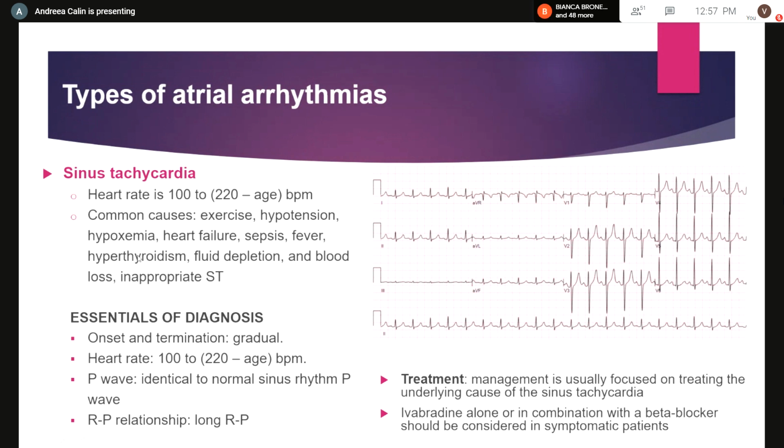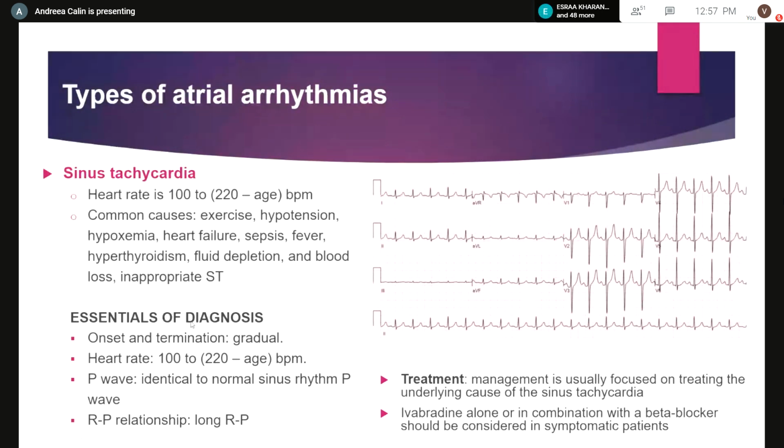And there is also a kind of sinus tachycardia that is considered inappropriate for the subject. When you see a young patient that complains of palpitations and his heart rate at rest is above 100, and these common causes are excluded, then we are talking about inappropriate sinus tachycardia. But you should first seek for these causes to exclude them.